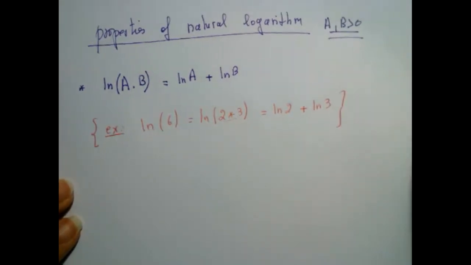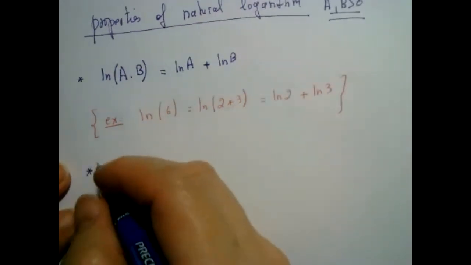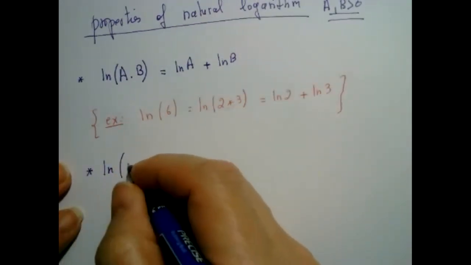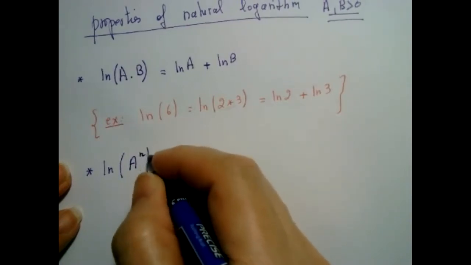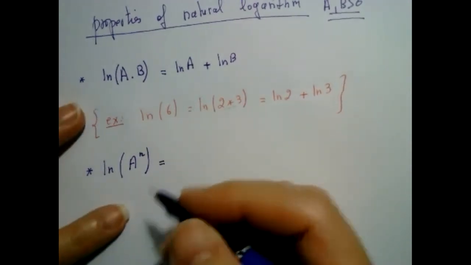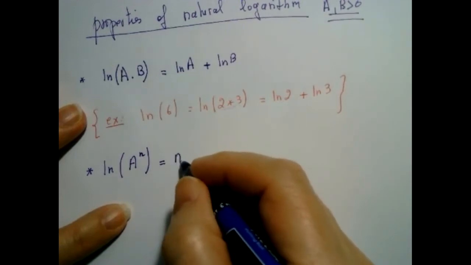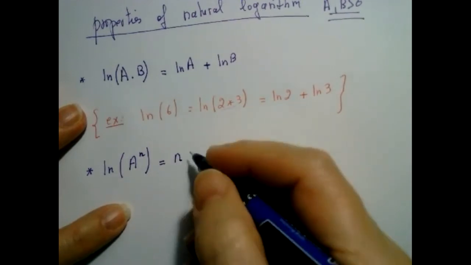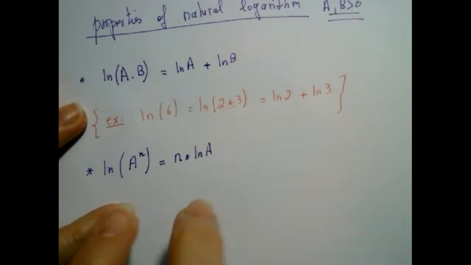Now, a second property of the log, which we're going to use the most, is the following. Suppose I have ln of a number a, which is positive, to a certain power n. The second property tells me that if you have something like this, it's the same thing as n, the power itself, times the log of a.